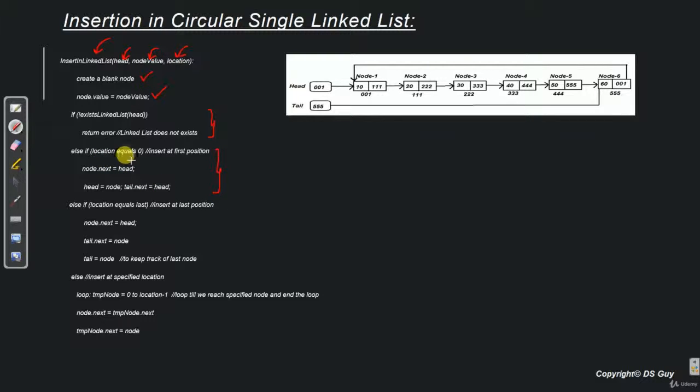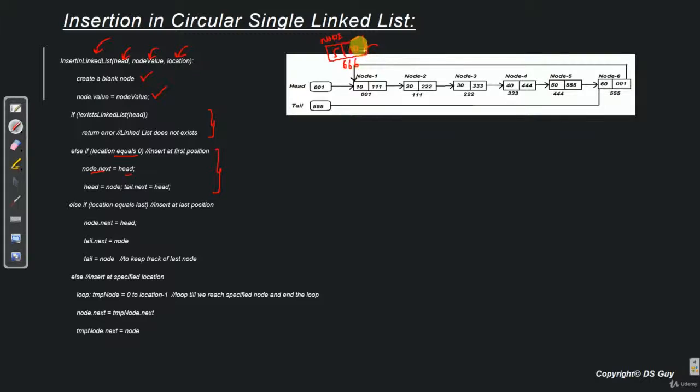In case the list exists, then we come to the else if block. If location equals 0, that means if we want to insert at first position, then we update node.next is equal to head. What that means is we have to update the next reference of node with head. So what is in head right now? 001.